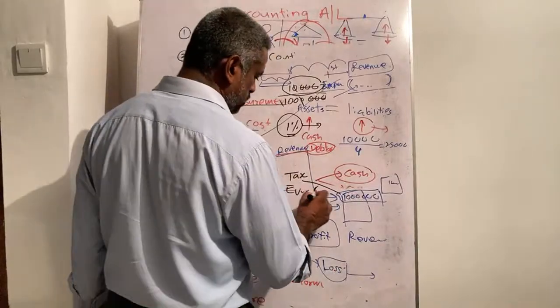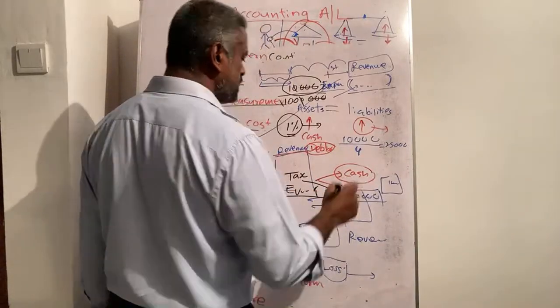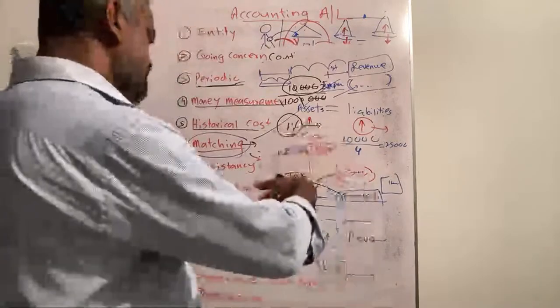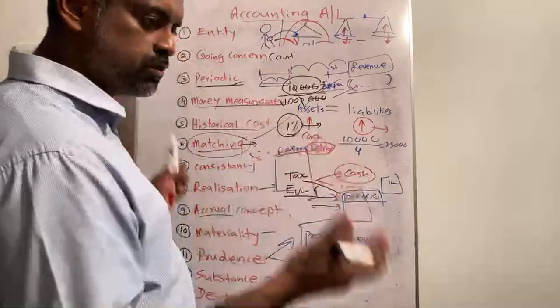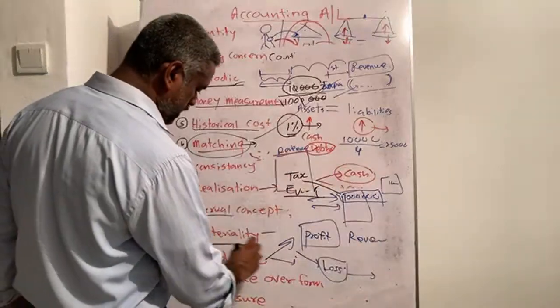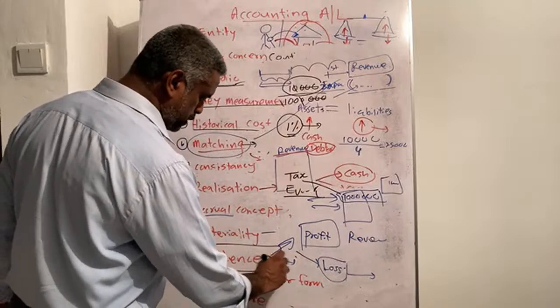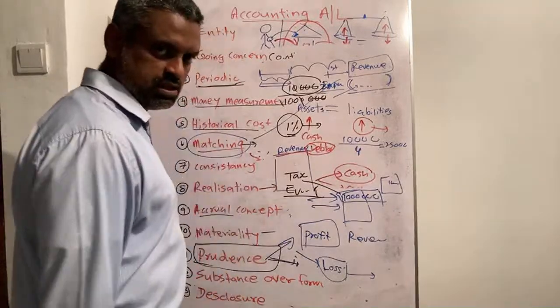Those are not prudent, actually. Overestimating or underestimating, under calculation or over calculation is not prudent. As far as the accounting is concerned, you have to calculate the proper value of the transaction.